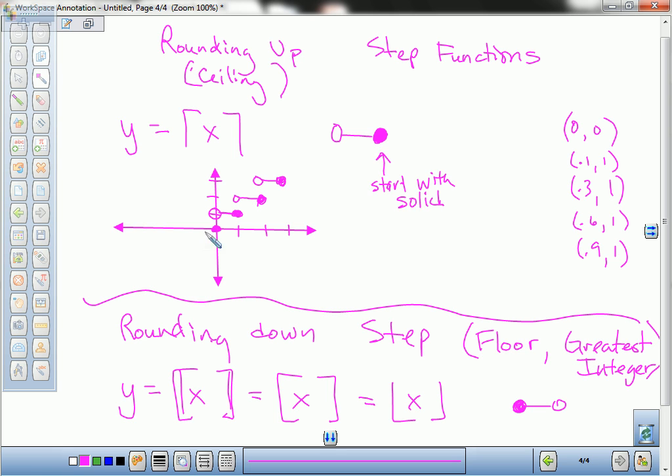That's what you shift. So with the parent graph, there's no shifting. Did the solid one start at 0, 0? Yeah. So we have to go back to open. So with rounding up, the very same idea. You still start with the solid, but we have to go back to the open.